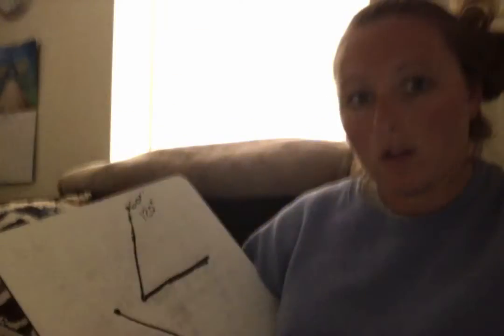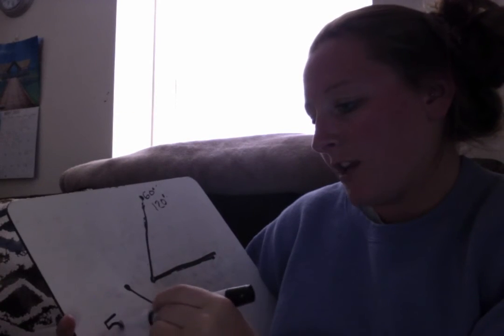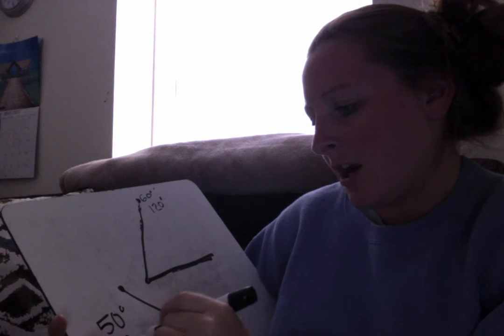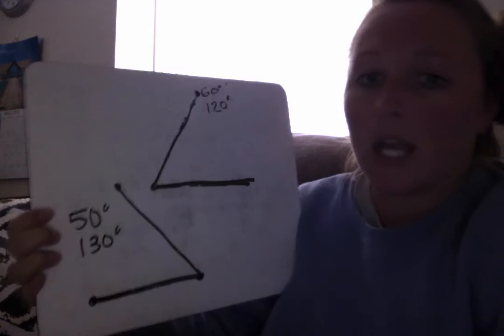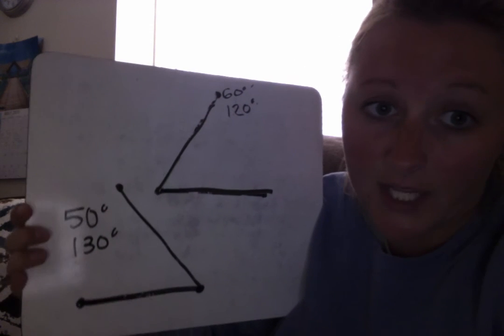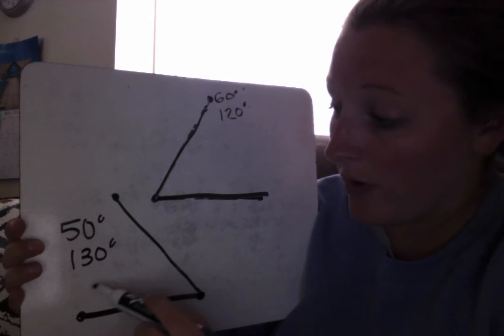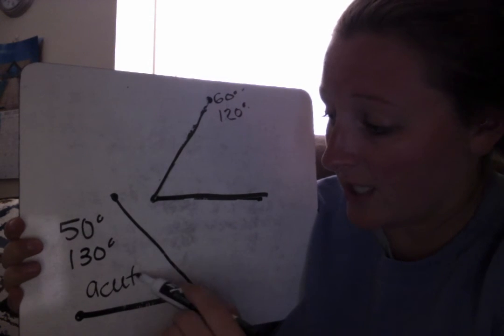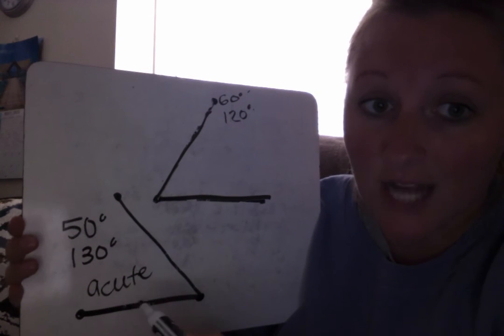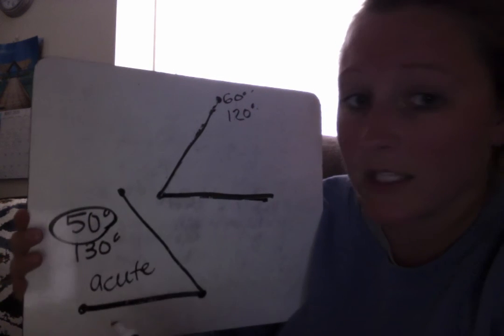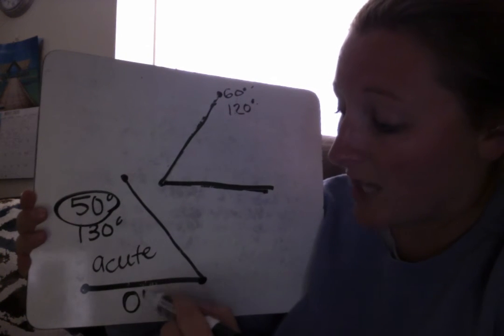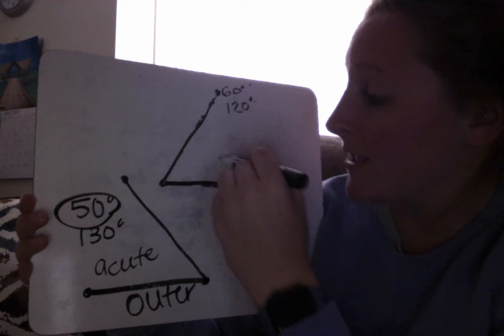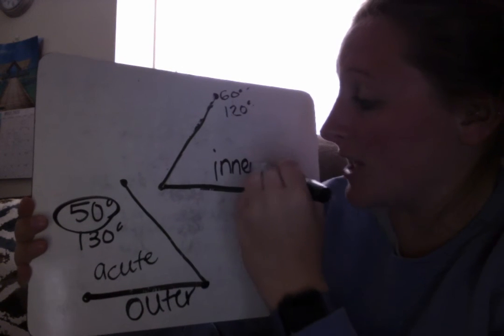So our 2 degrees that we get are 50 degrees and 130 degrees. We know by looking at this angle that it is an acute angle. So if it is an acute angle, it has to be the degrees that is under 90, which would be the 50 degrees. This one, we use the outer scale on. This one, we use the inner scale on.